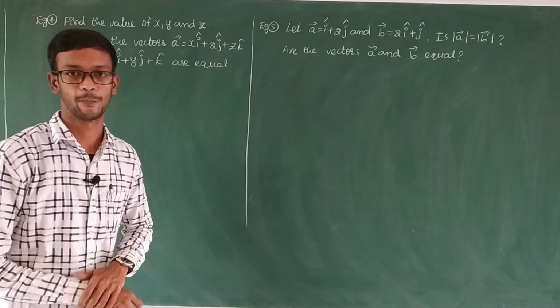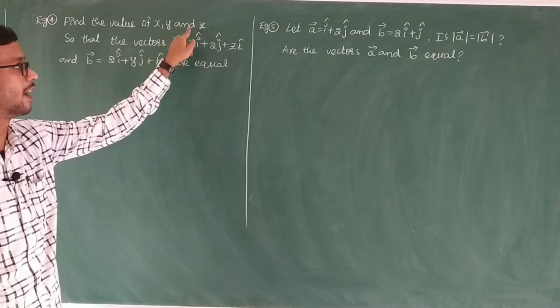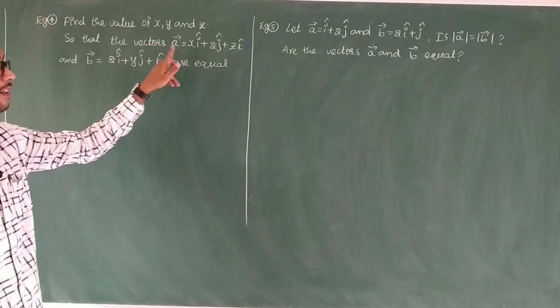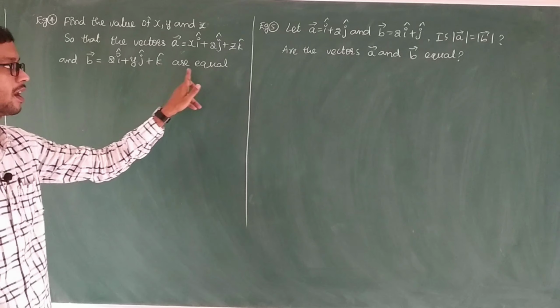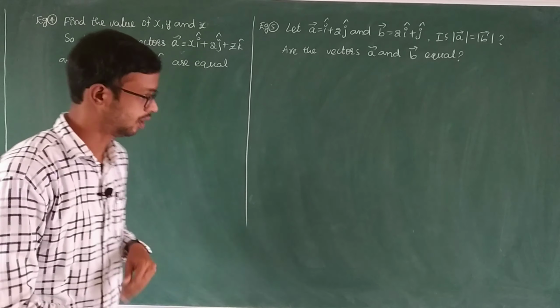Example 4. Find the values of x, y, and z so that the vectors a bar and b bar are equal. Two vectors equal.